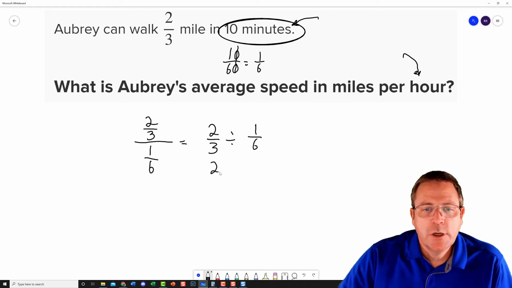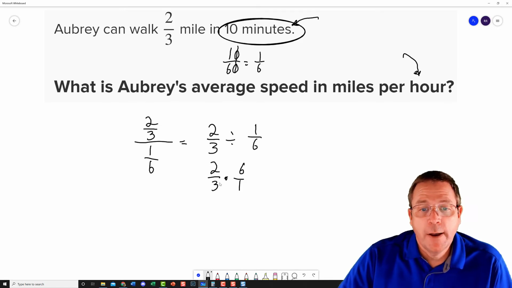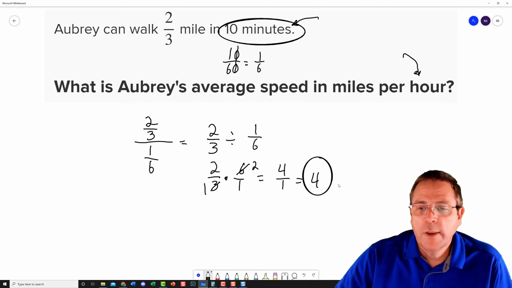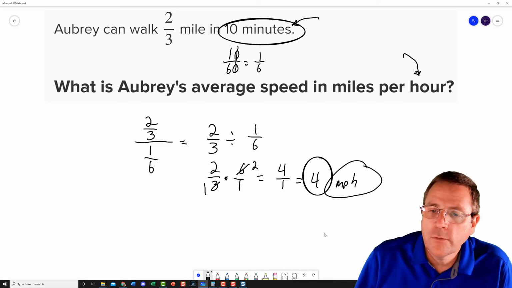Next we're going to keep, change, flip: 2 over 3 times 6 over 1. We're going to simplify, which says 3 goes into 3 once, 3 goes into 6 2 times, and we can multiply, giving me 4 over 1 or just 4. So the answer is going to be 4 what? 4 miles per hour. I guess we need to add that into our answer as well.